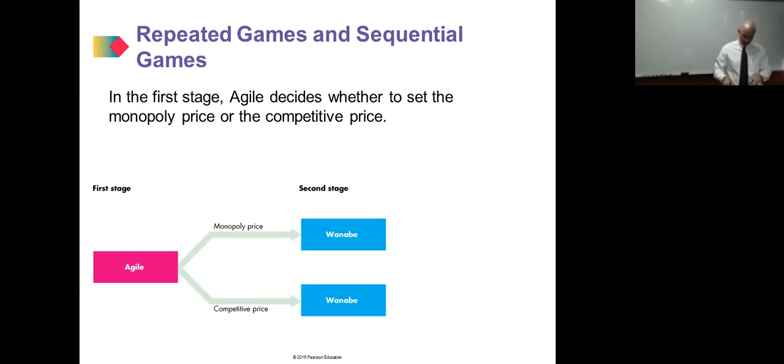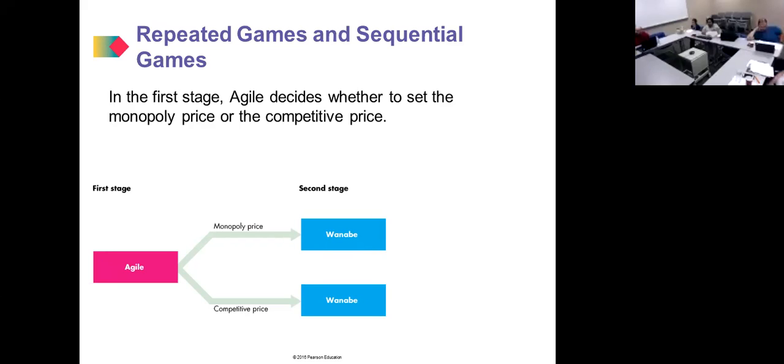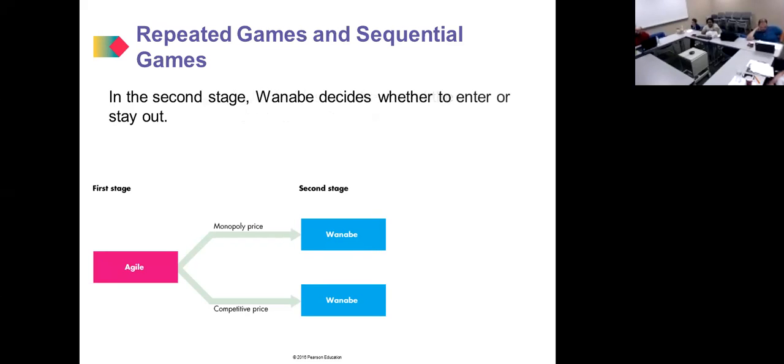So remember, someone can easily just jump in. Do they want to be a market leader, or do they want to take a proactive or a reactive stance? So first stage, do they want to set a monopoly price or a competitive price? They want to set a monopoly price if they're the only firm.